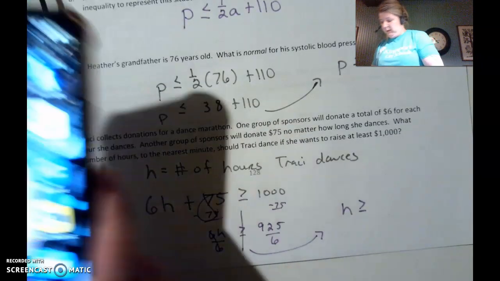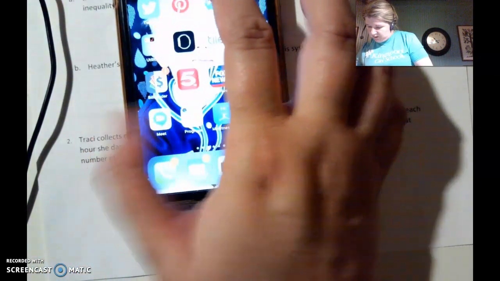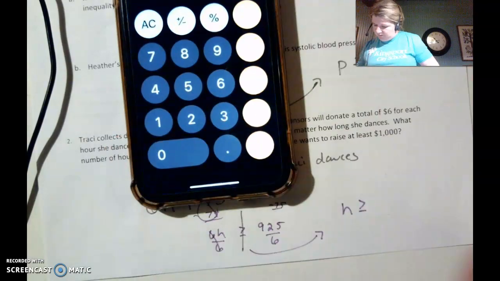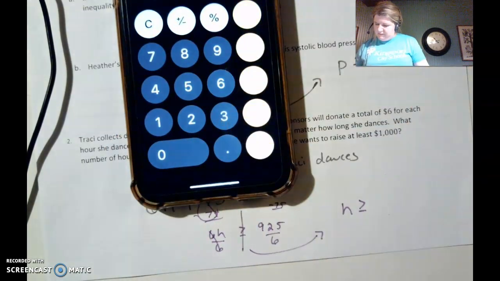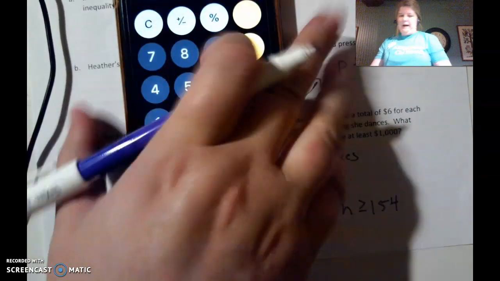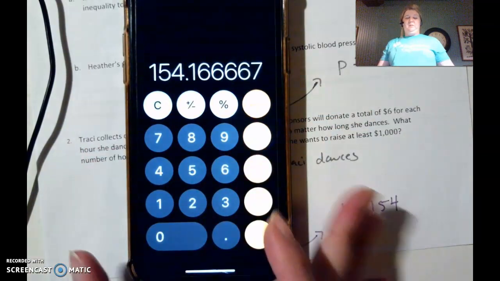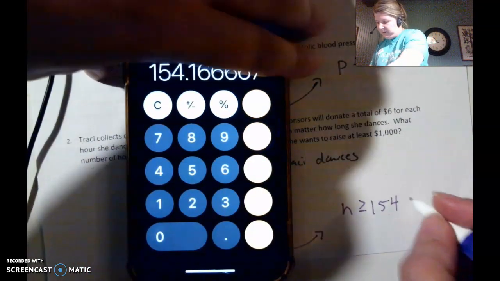Okay, 925 divided by 6, 154, and I know that 0.16 with the 6 repeating is 1/6.